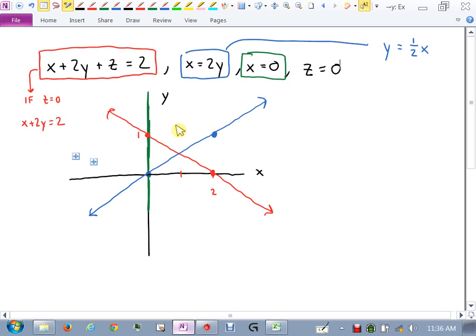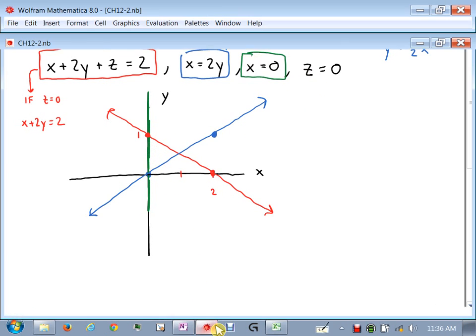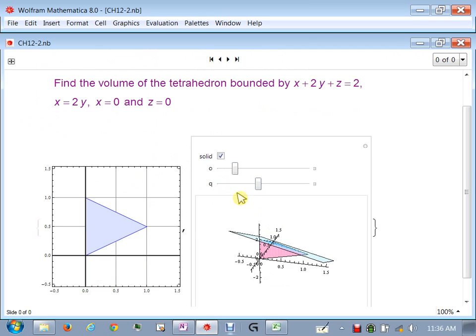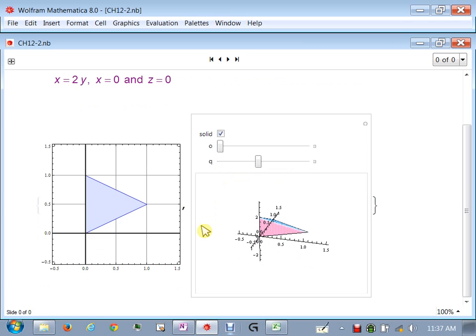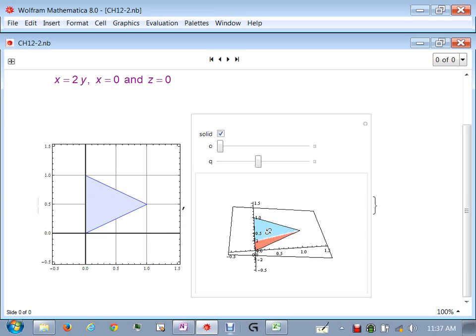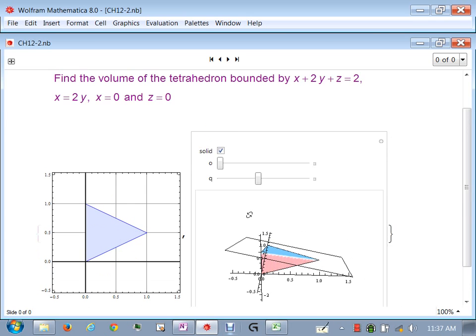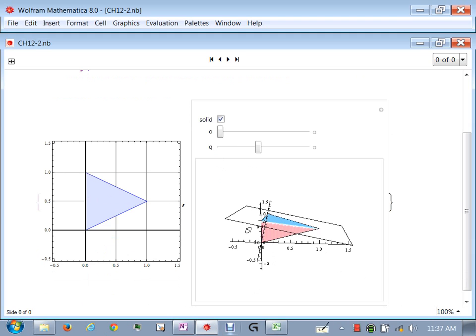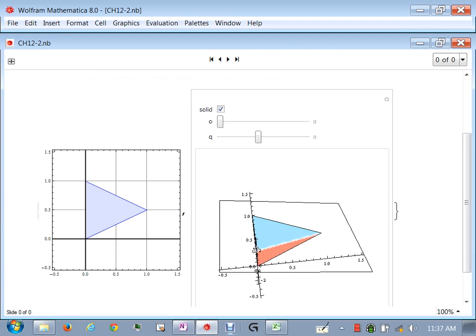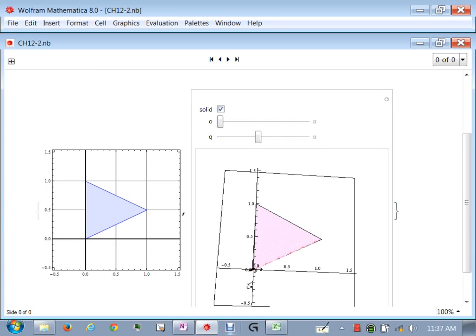So you imagine that, maybe I did it good in my picture here. Looking from the top, right? That's what we have.